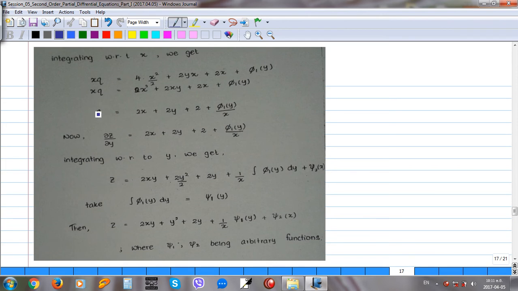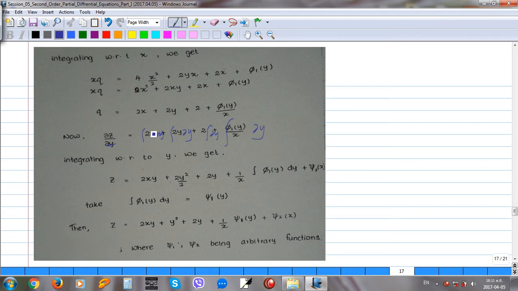Then now you know that q is equal to ∂z/∂y, right? Then we can integrate this whole equation with respect to y. Then what happens? Here z remains, then ∂y is coming on each term. Then what happens?